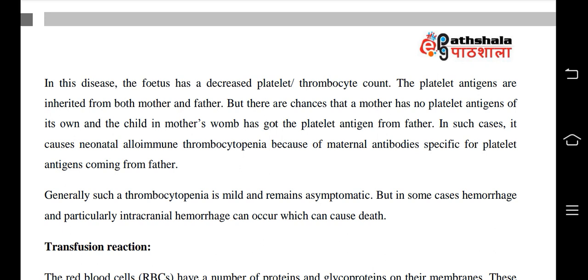In such cases, it causes neonatal alloimmune thrombocytopenia because of maternal antibodies specific for platelet antigens coming from the father. Generally, such thrombocytopenia is mild and remains asymptomatic. But in some cases, hemorrhage, particularly intracranial hemorrhage, can occur, which can cause death.